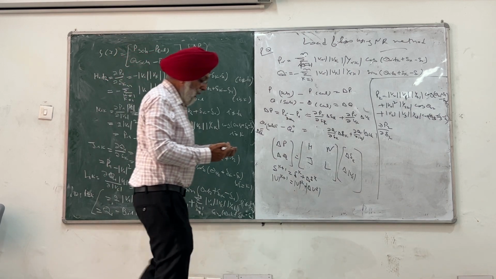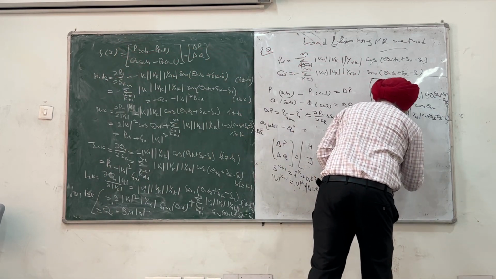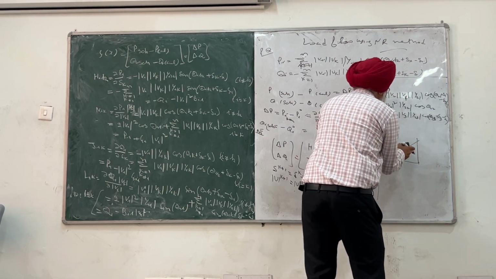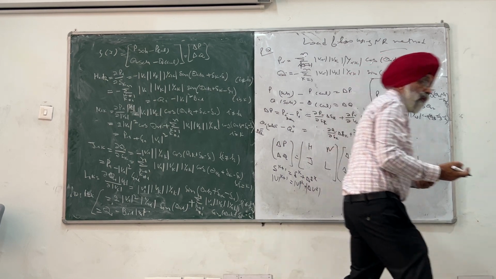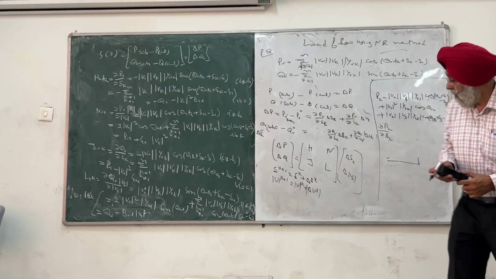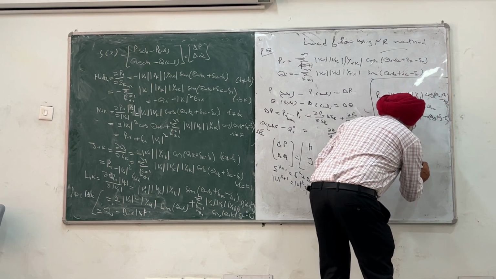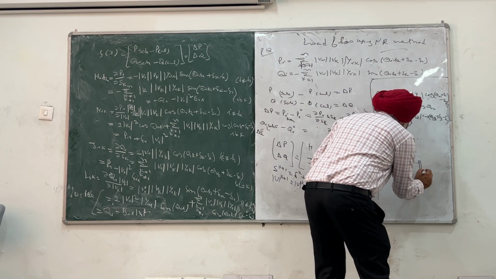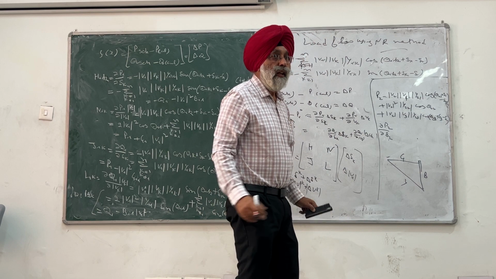If you draw the impedance triangle or the admittance triangle, we have G on this side, B on this side, and Y here.